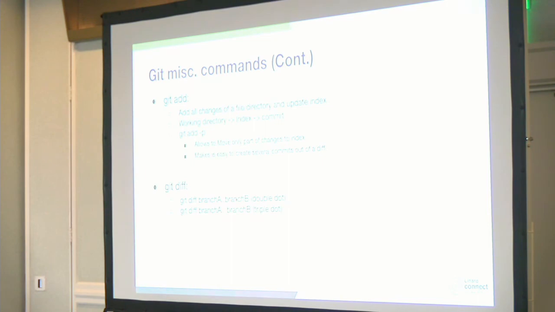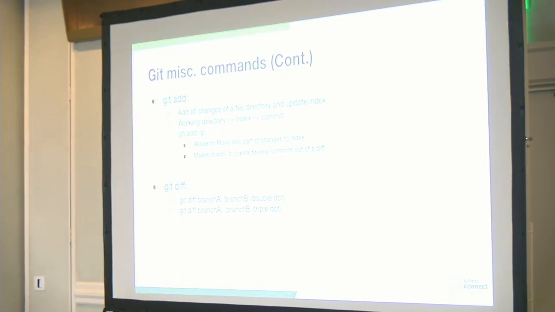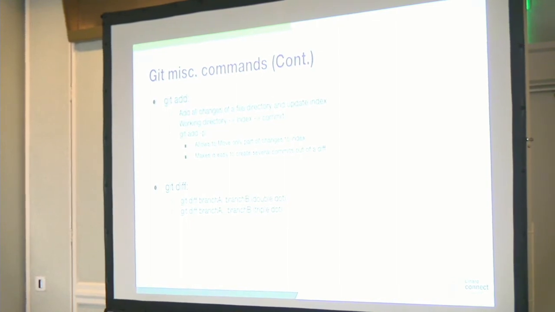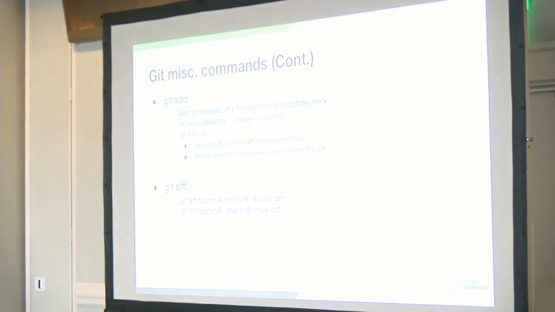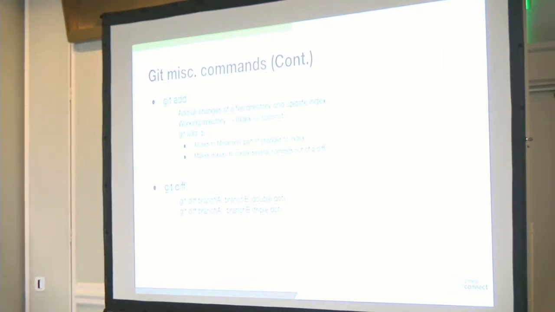So double dot and triple dot. If you are doing a git diff, when I do branch A, double dot, branch B, it says what is there in branch B but not there in branch A. So suppose there are 2 commits in branch A, 3 in branch B. It will show all the 3 in branch B as plus, and all the ones from branch A as minus, right?